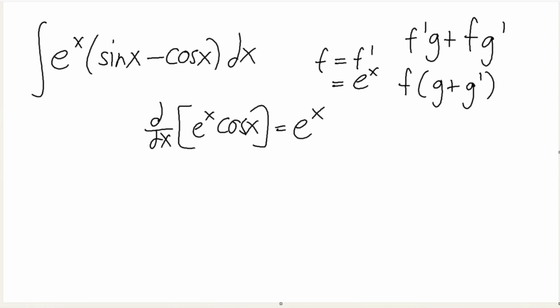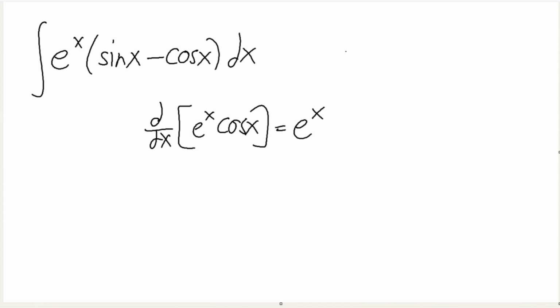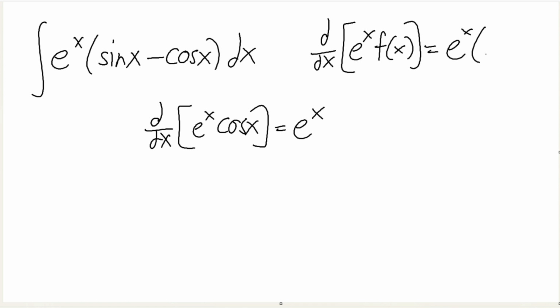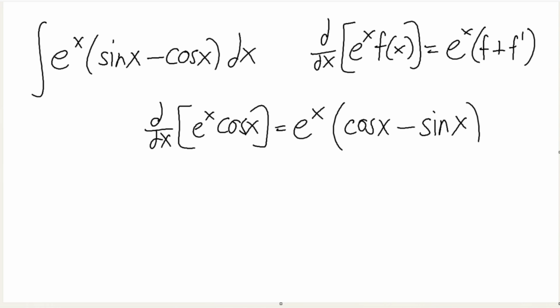A better way to write this is that when we derive e to the x with some function, it's always going to be e to the x of f plus f prime. In this case, we have cosine of x and then the derivative of cosine of x, which is negative sine of x.